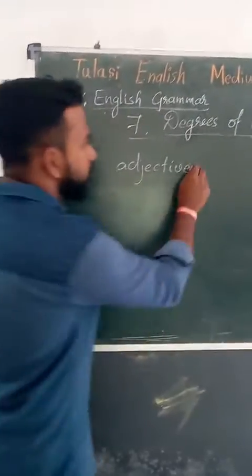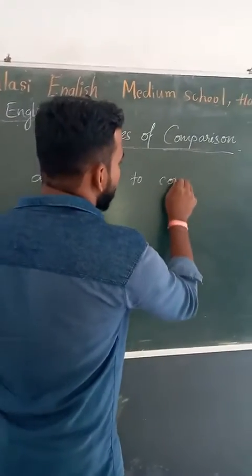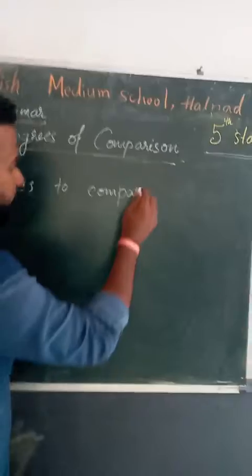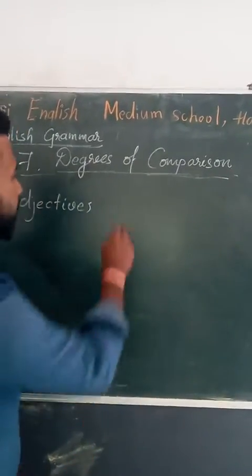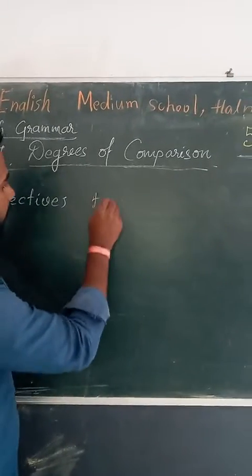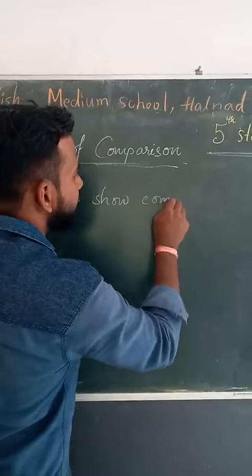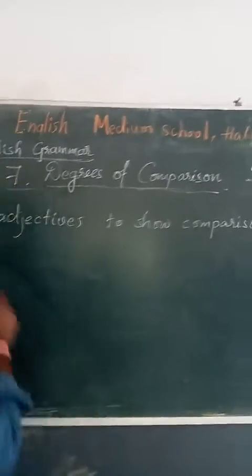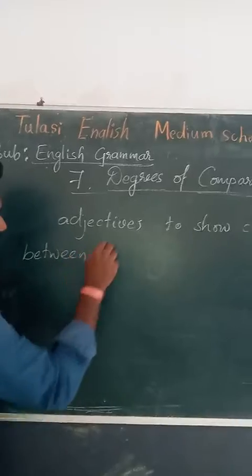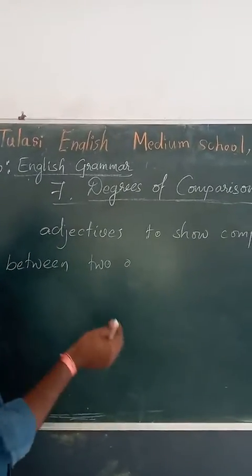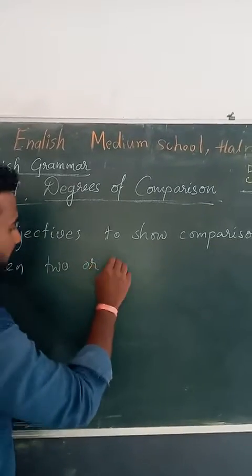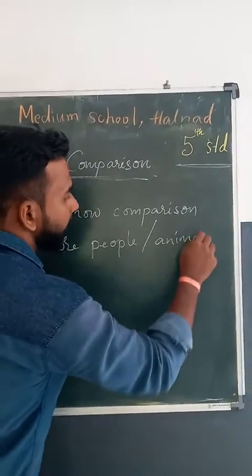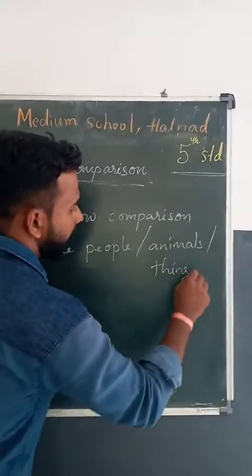We use adjectives to show comparison between two or more people or animals or things.